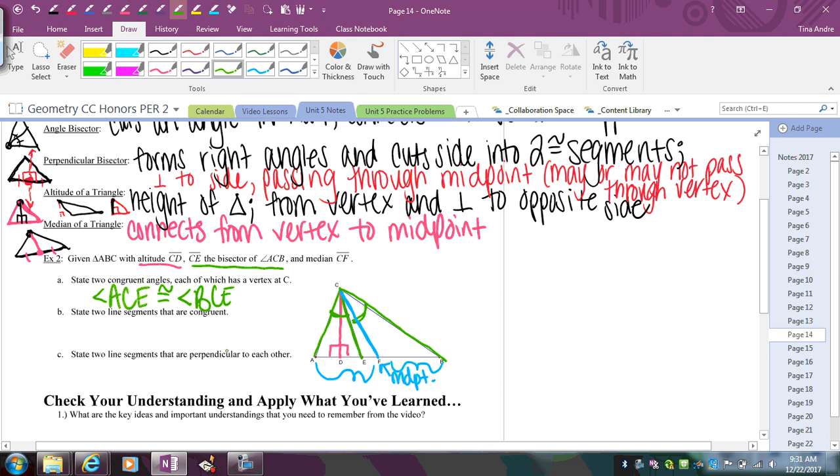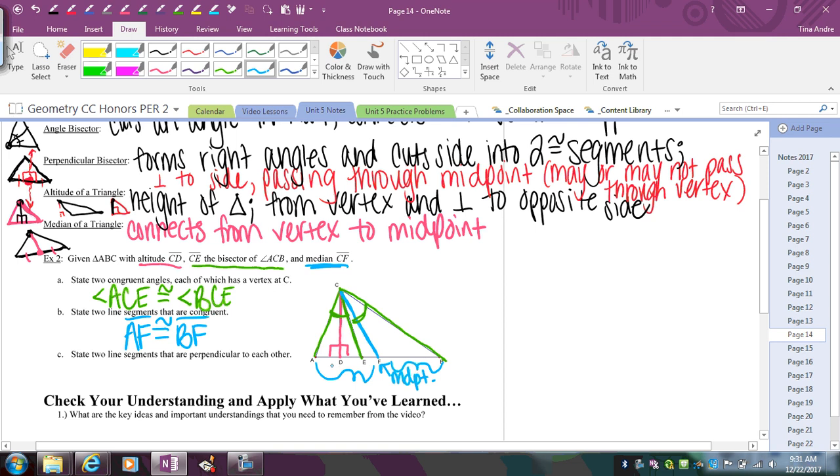The two congruent line segments are from the median. So that's going to be AF is congruent to BF because remember a median connects to the midpoint, so it divides the segment into two equal parts. And then the last one is to get the perpendicular. Well, the segments that are going to be perpendicular are going to be the ones that were formed by the altitude.